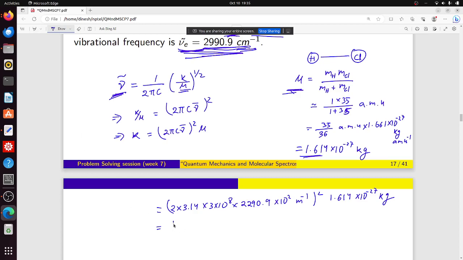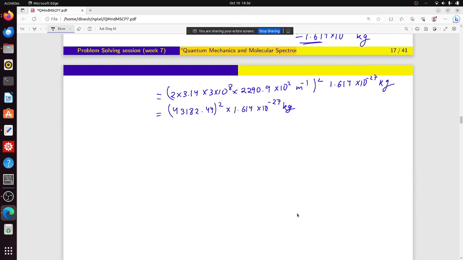This is 43182.44 whole square times 1.614.